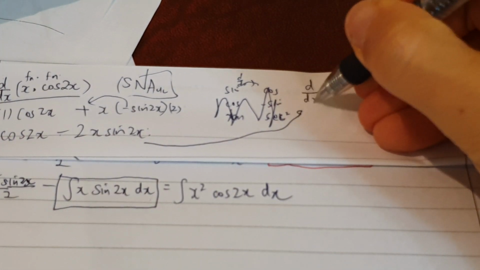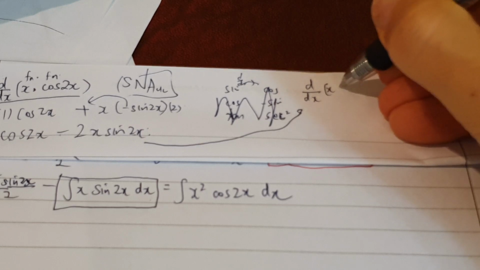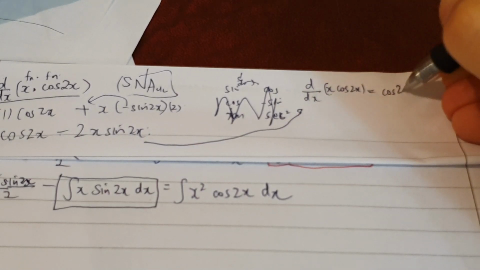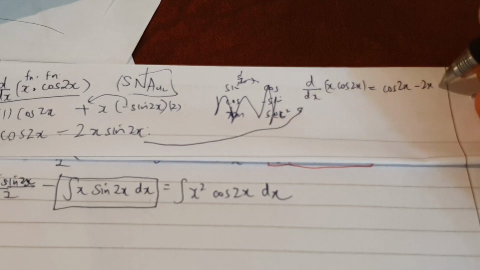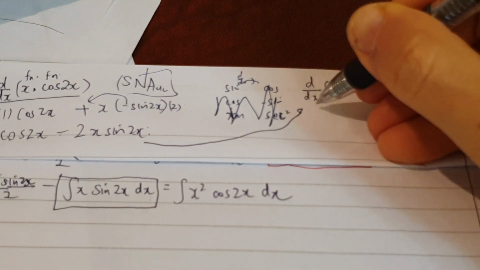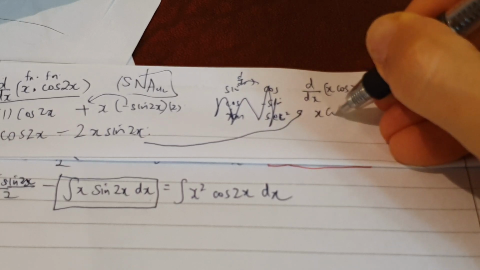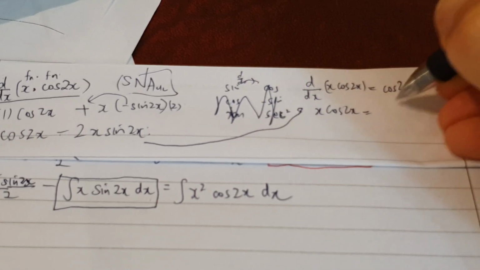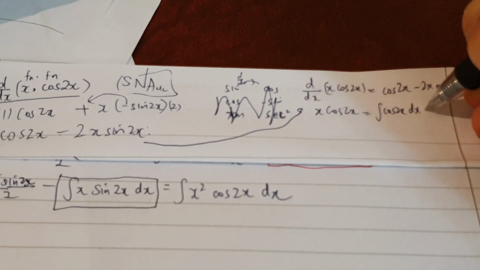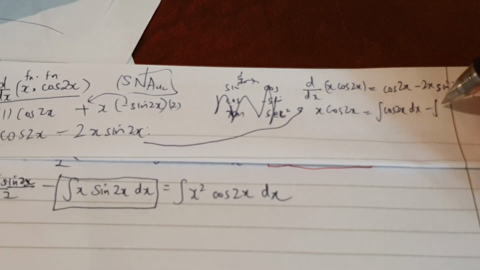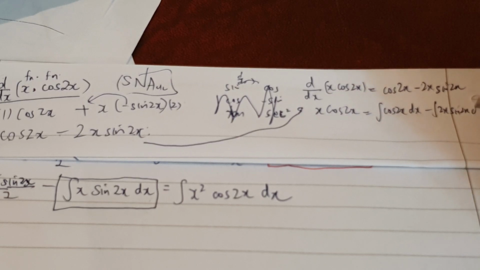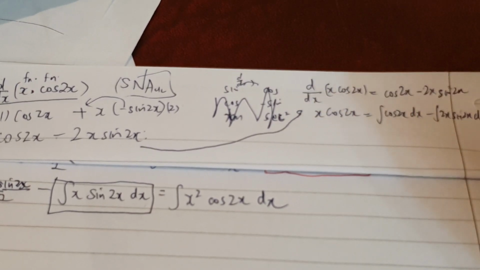Differentiating this gives me this. Which means that if I integrate this minus integrate this, they should be the same.